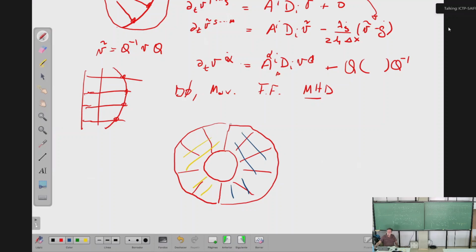The way you do it, you just pass information between the grids. These grids are touching here, so there are points in this grid and points in this grid, and they are aligned, so you can pass information. They are at the same physical point. I'll show you then how to do this.